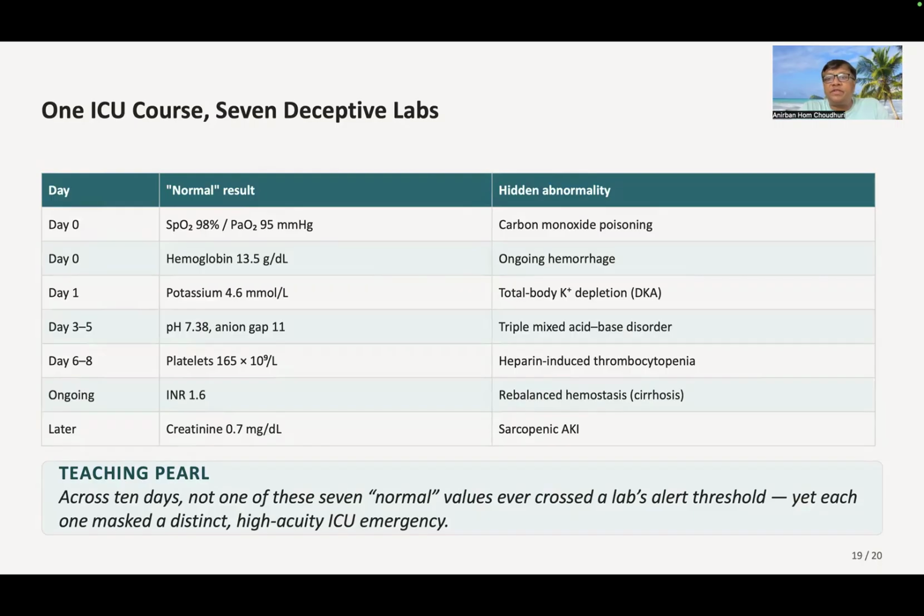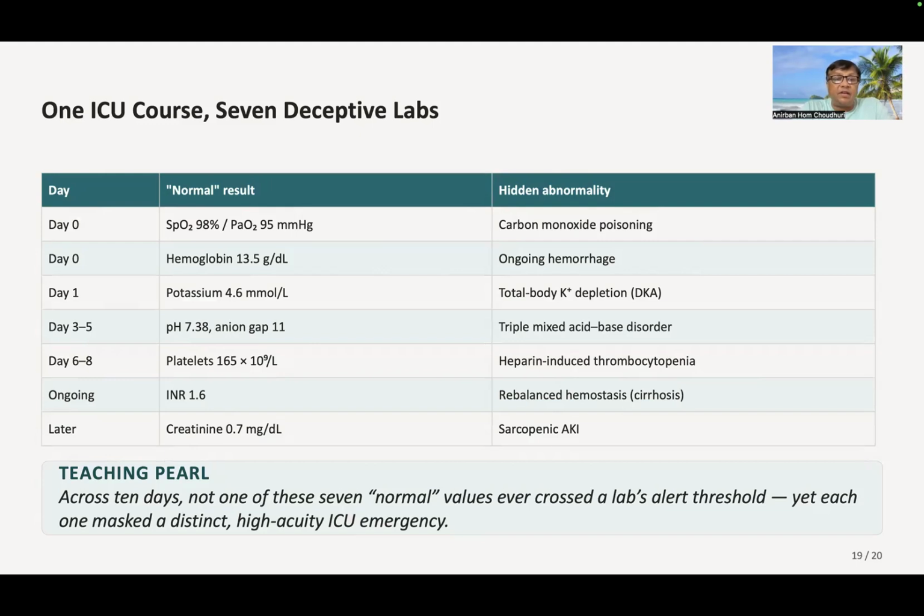If we go through this case, the 7 changes one by one along the days, you can see that on day 0, where the patient had a saturation of 98% and a PO2 of 95, the hidden abnormality was carbon monoxide poisoning, and there were sufficient clues which the patient gave. The same was true of the hemoglobin, which was apparently high despite an ongoing hemorrhage.